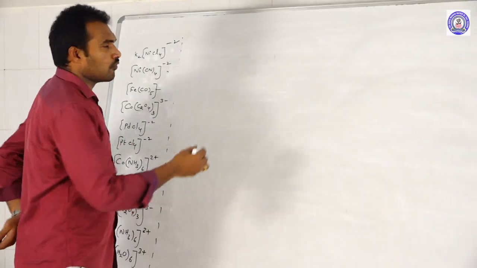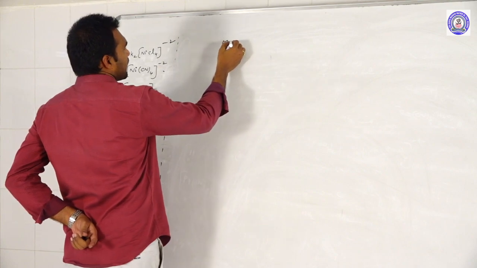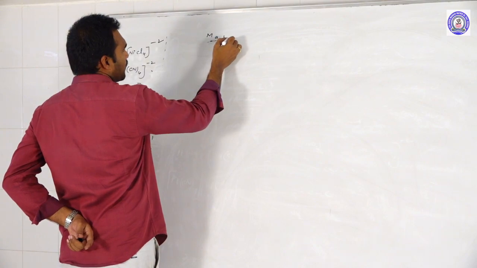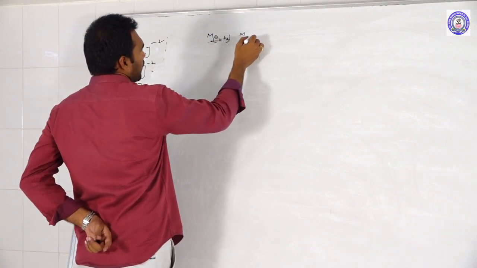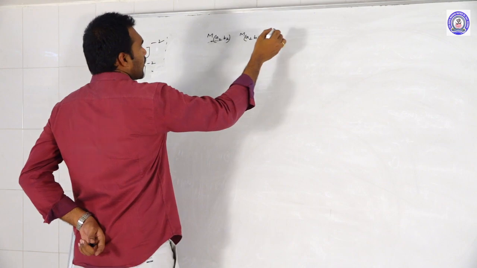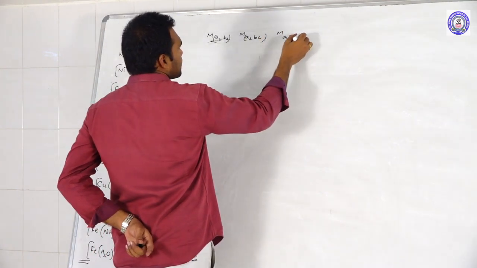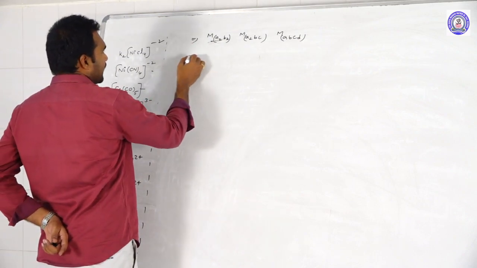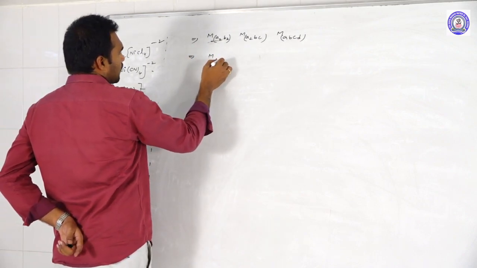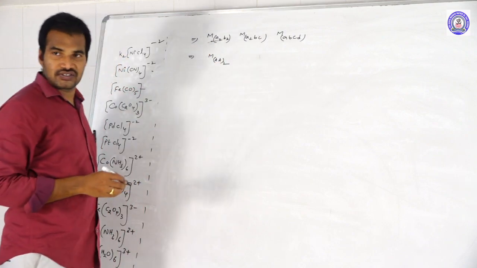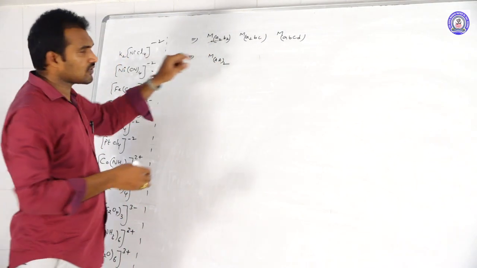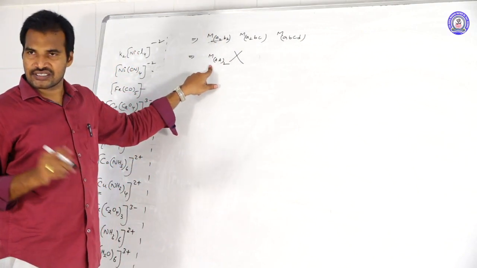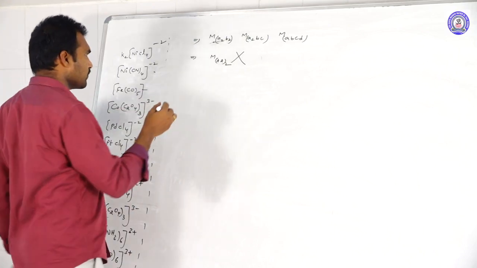Okay, coordination number 4. Let us see the bidentate ligands. Already we discussed monodentate. Which complexes can show? Ma2B2 can show, Ma2BC can show, and MABCD complexes can show. Coming to the bidentate, M(AA) twice, that means symmetrical bidentate complexes, will not show any kind of geometrical isomerism.